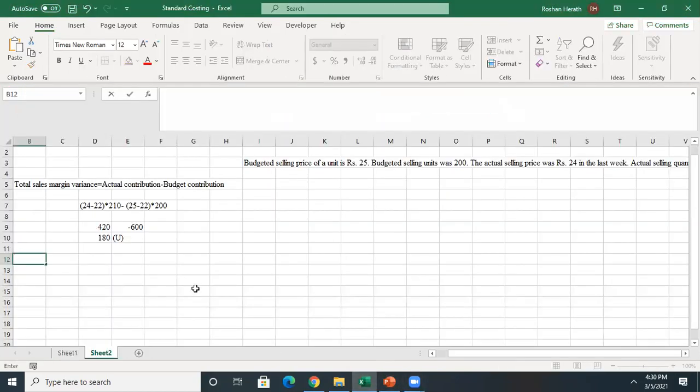Okay. So here, as it suggests, what you want to look at is the price variance. So it must be something to do with the actual price and the budgeted price.